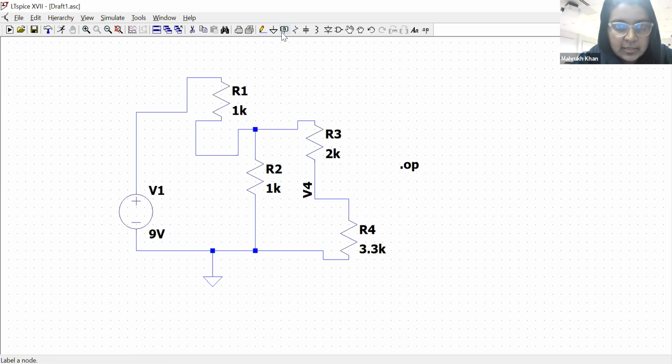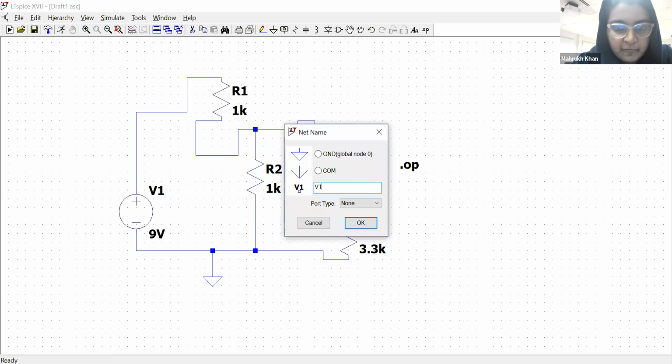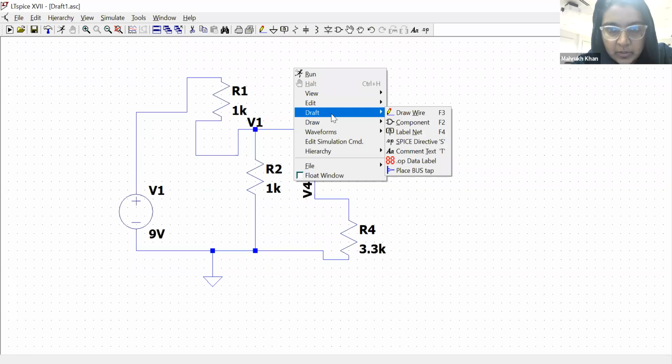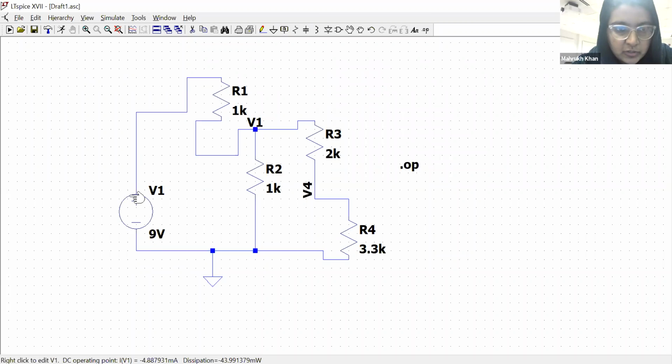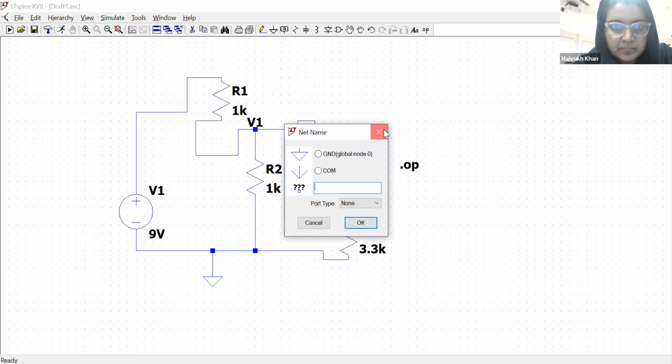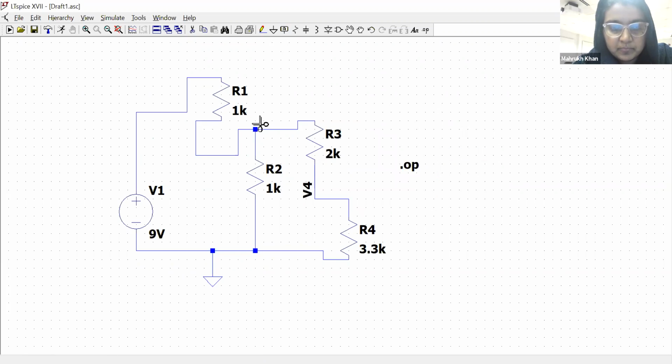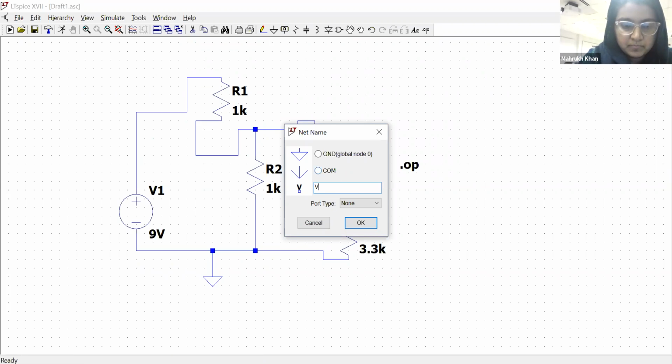I think this is V1. No, it should be V2 maybe, because V1 I already have, or I can just change this.